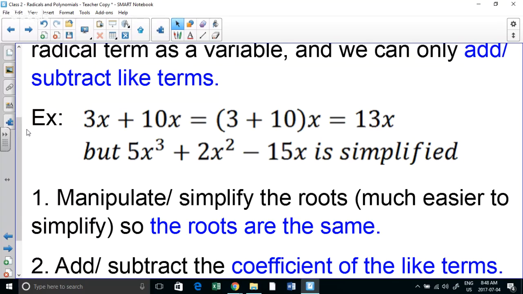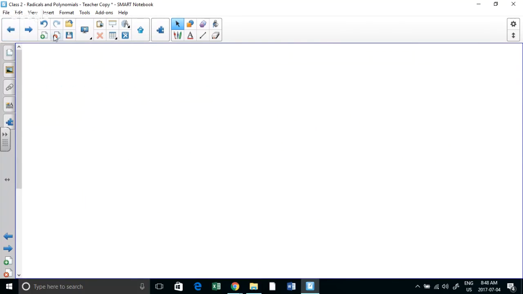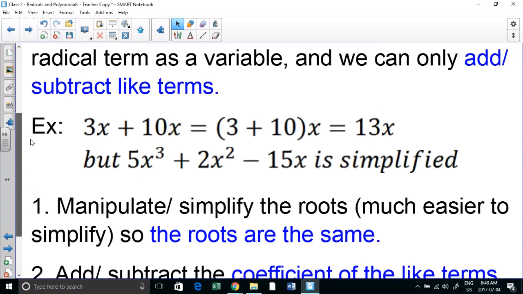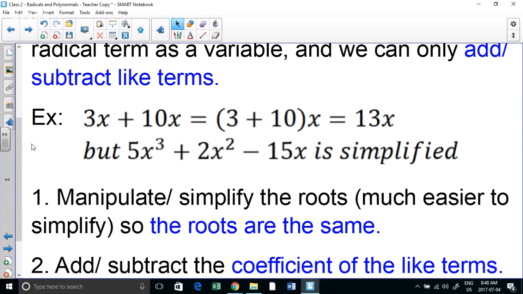What page is this in the notes? This is page 2 in the notes. What's the title? Operations with radicals. The numbers didn't print it. Okay, thanks. This is what they gave me, but it doesn't match what you've given me.